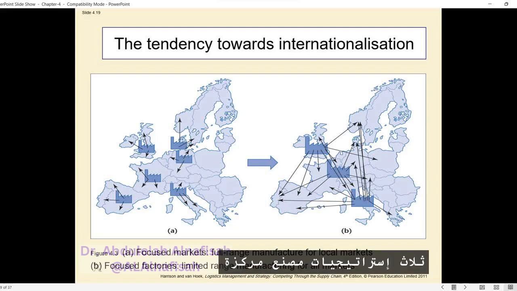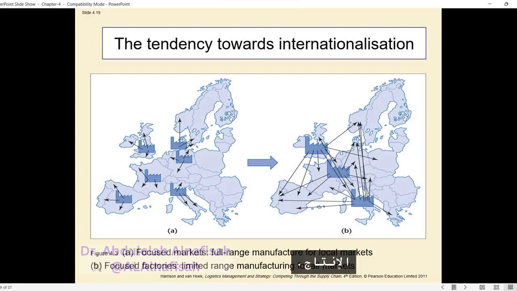3. Focused factory strategy. The focused factory strategy involves companies consolidating the production of specific products within dedicated factories. These factories then supply their products to a broad international market while focusing on a limited segment of the product assortment. This strategy aims to achieve cost advantages for the global company, particularly in terms of production costs.